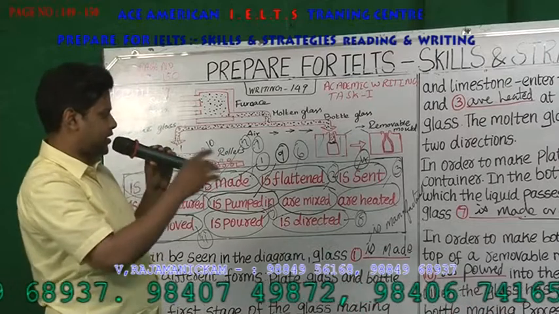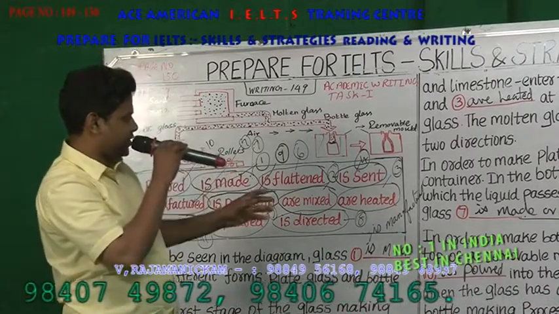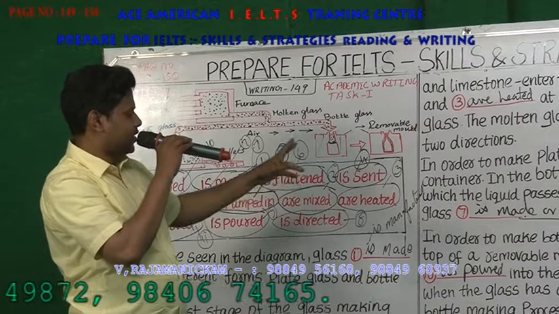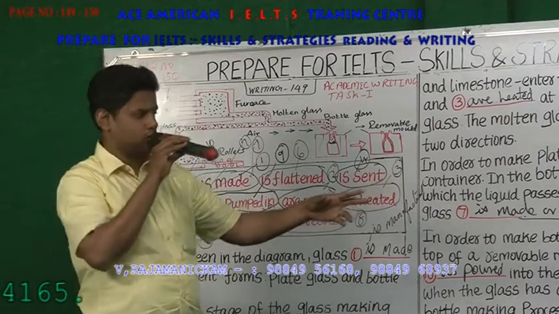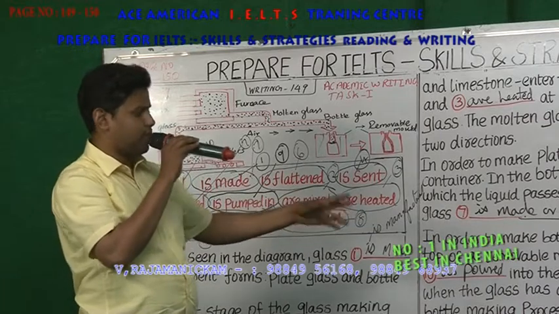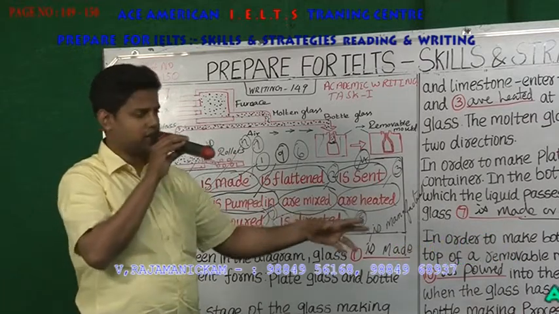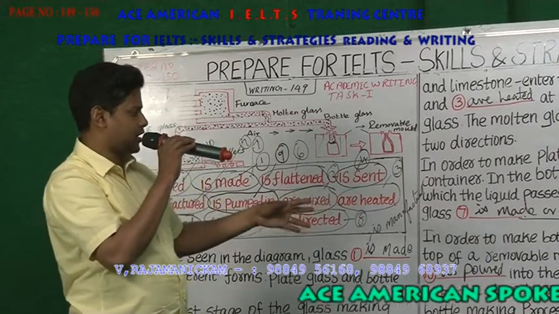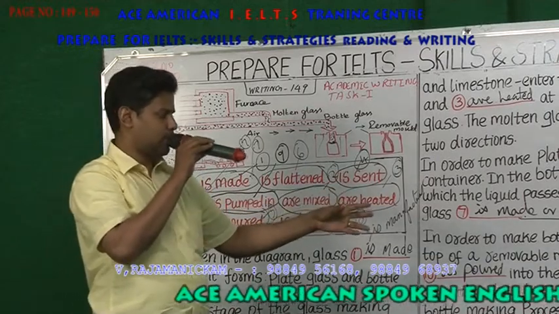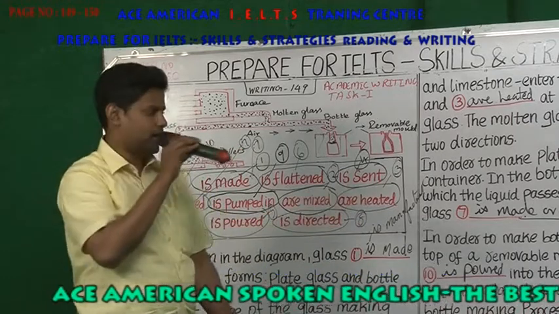And secondly, in order to make the bottle glass, the molten glass is directed to the top of a removable mold, and air is pumped into the molten glass, which is poured into the mold and takes the shape of a bottle.